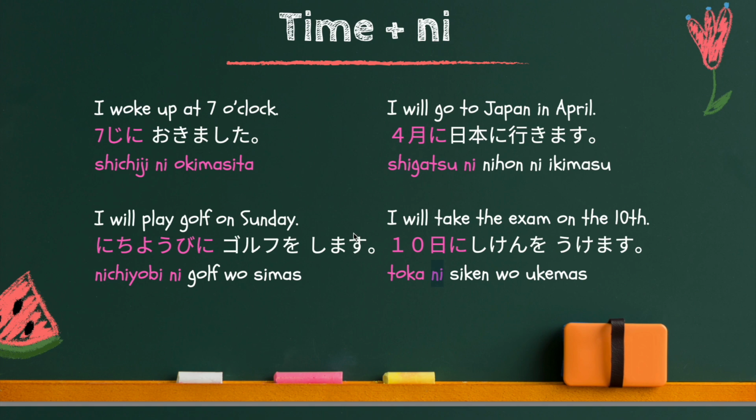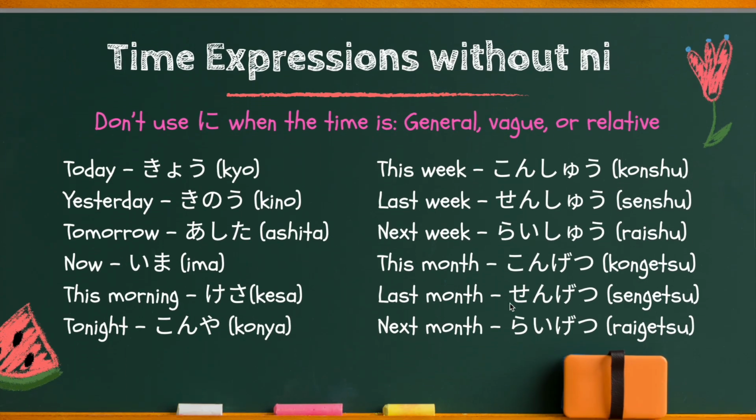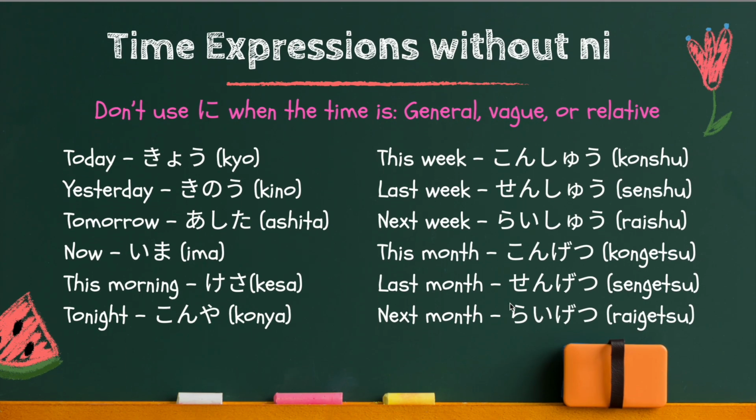But now, let's talk about time expressions that don't require this ni particle. Here are some important expressions you need to learn. Those are some examples of when you don't need the ni particle. Don't use the ni particle when the time is general, vague, or relative.